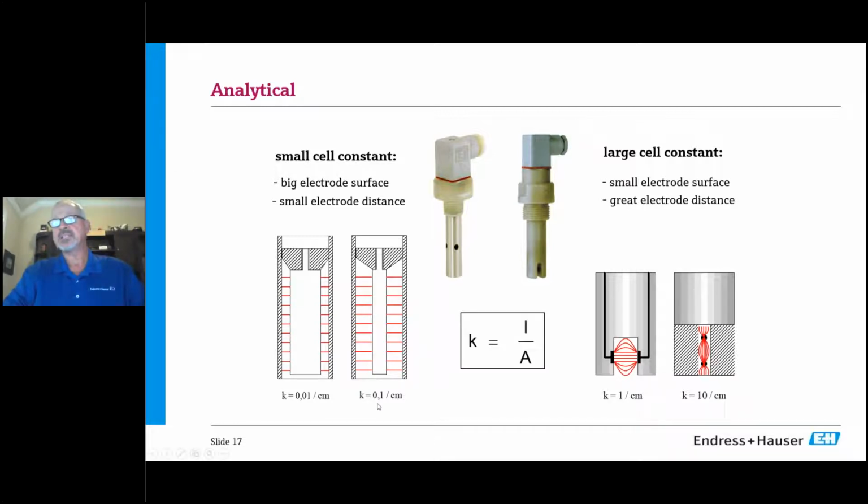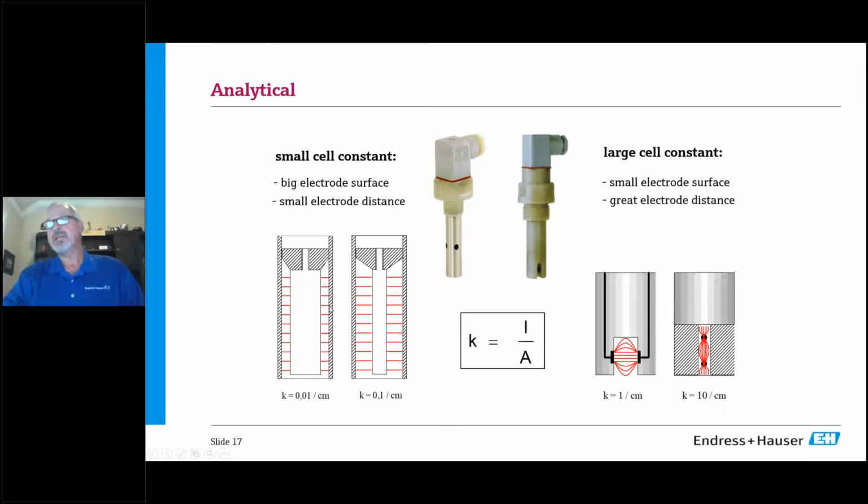Whereas then you go to the next cell constant, which is a 0.1, you'll see there's now more distance between that cell and the outside cell. And that's measuring the resistance between those 2 points and generating a resistance measurement. Conductivity is the inverse of resistivity, and that's how this measurement is made.